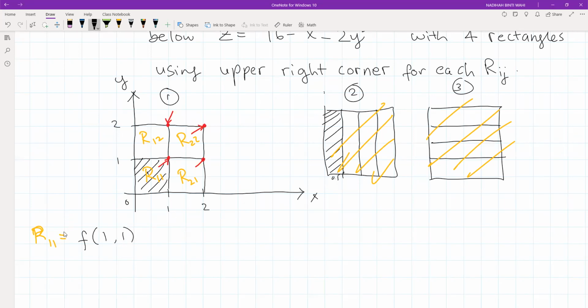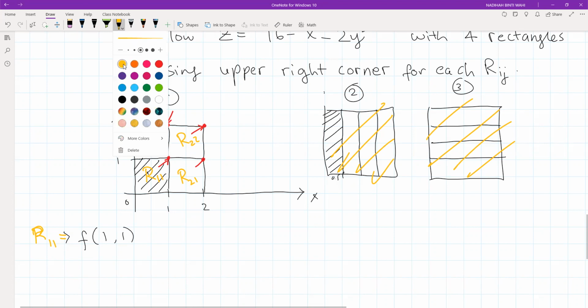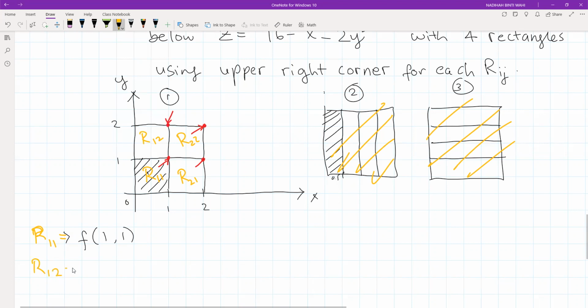And then R of 21. Sorry, saya tak nak pergi ke situ. Saya nak pergi ke atas dulu. I don't want to sweep in X direction, sweep in Y direction first. Alright. Okay, so R12 apa dia? And then after I finish in Y direction, I go back to R21. Apa dia? And then R22 is what?